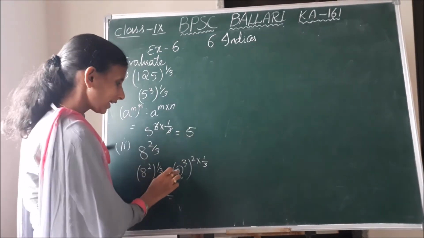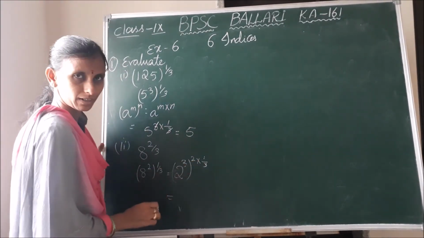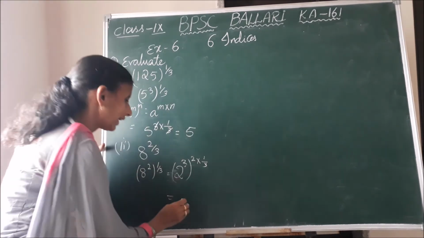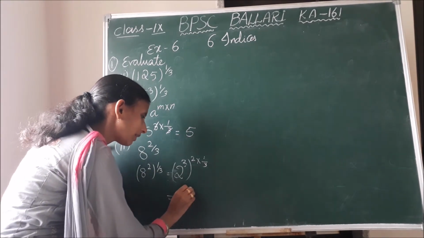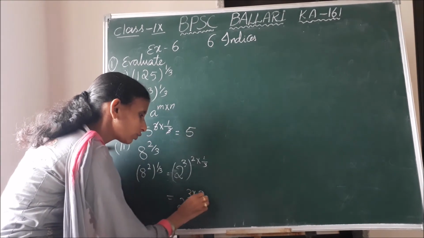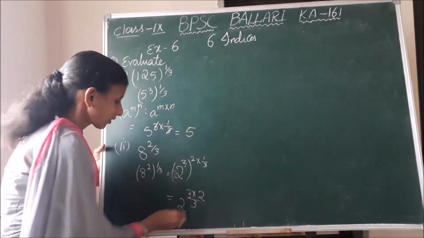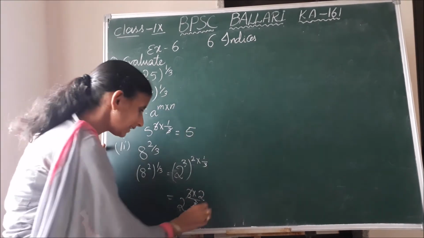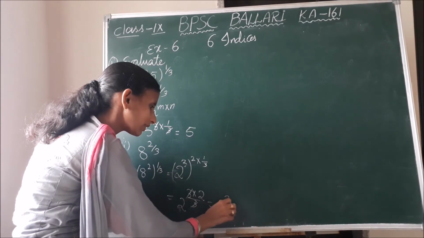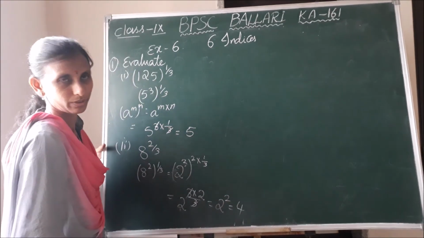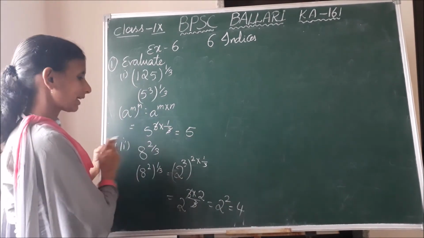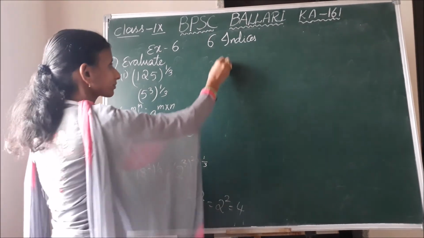So what happens? A power m whole power n, A power m into n. So 2 power 3 into 2 by 3. So these three gets cancelled. The remaining will be 2 power 2 is equals to 4. So the value of 8 power 2 by 3 is 4.